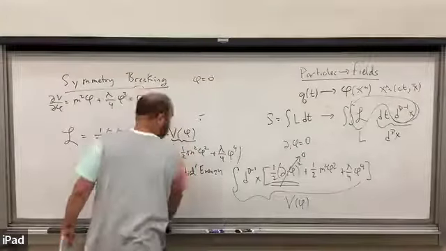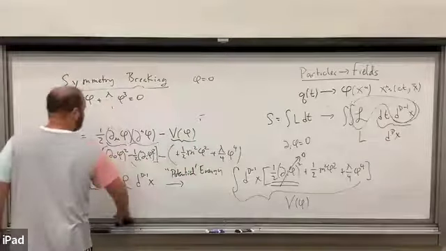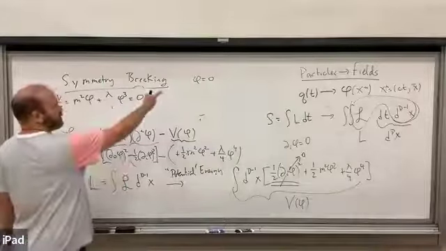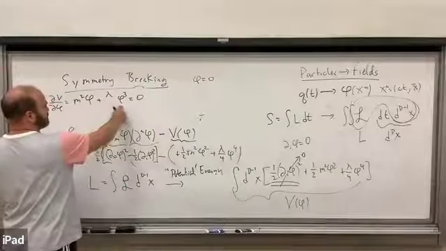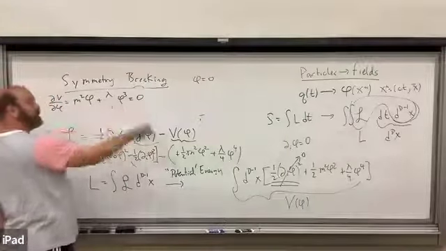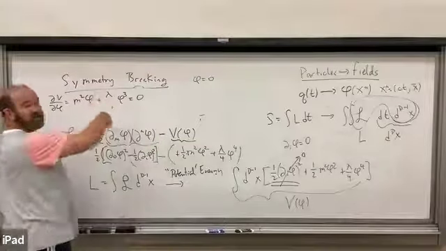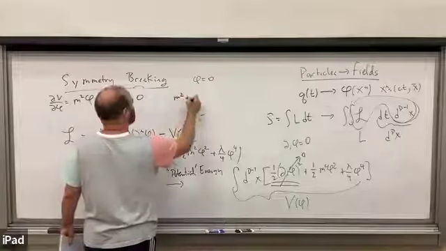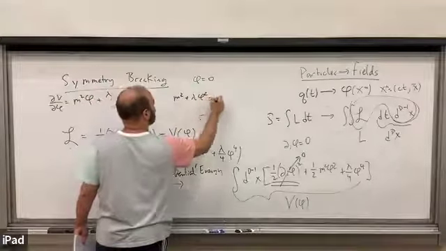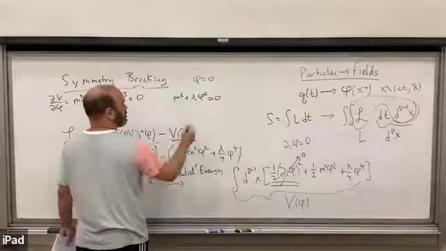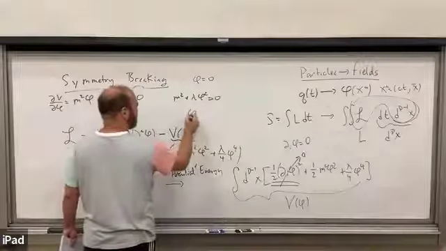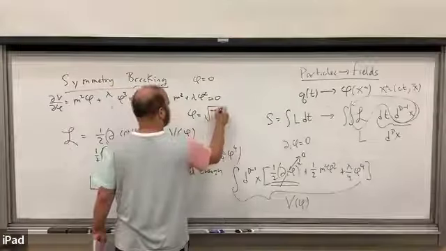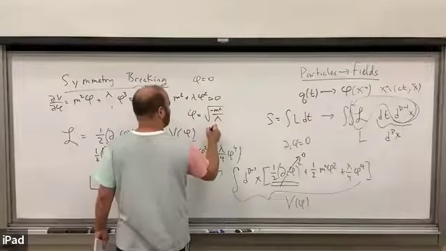If it's not 0, then we can divide by φ, and we get m squared plus lambda φ squared equal to 0. If we solve that, we get φ equal to the square root of minus m squared over lambda.